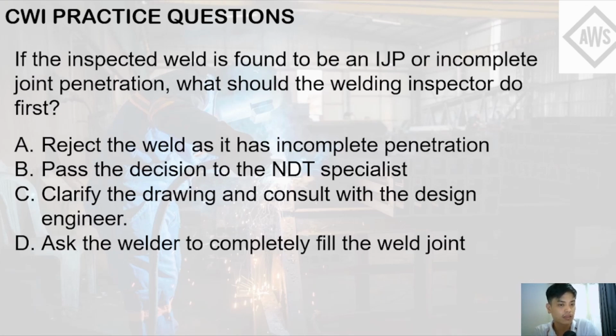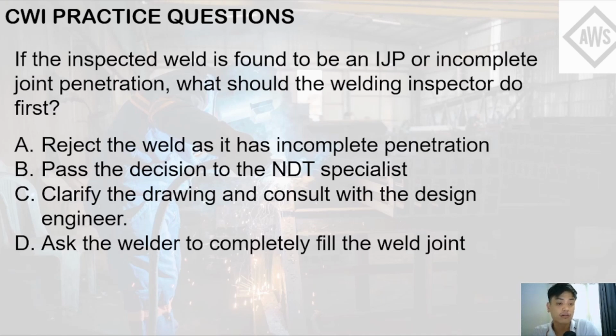You may not need to pass the decision to an NDT specialist here, as it needs not to be specific to a non-destructive testing specialist. It's just incomplete joint penetration. Basically, you can see the discontinuity or the defect just by looking at it. So the NDT specialist might not be the one that needs to be consulted immediately.